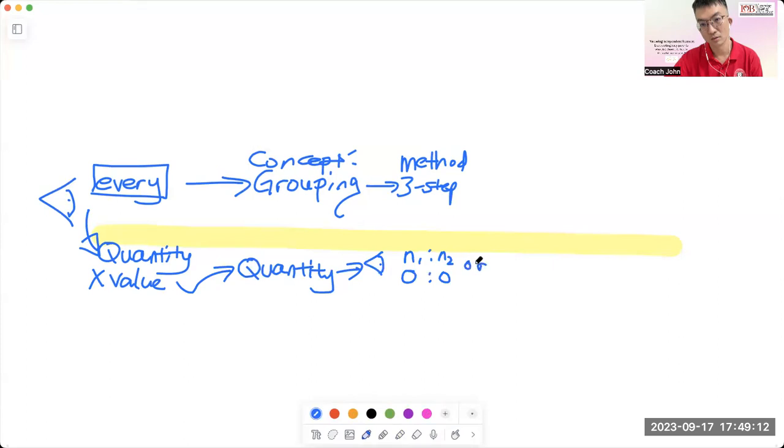Or you see a number as many as, or a fraction, or 3 times as many as, and it can be, say, a fraction.